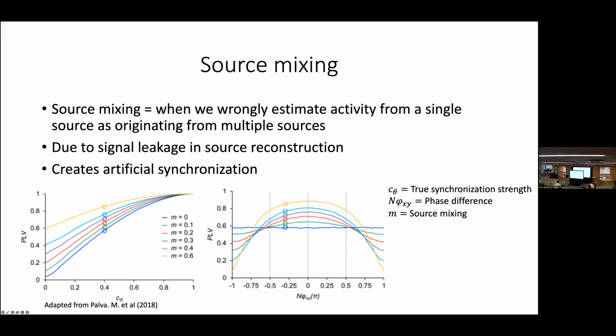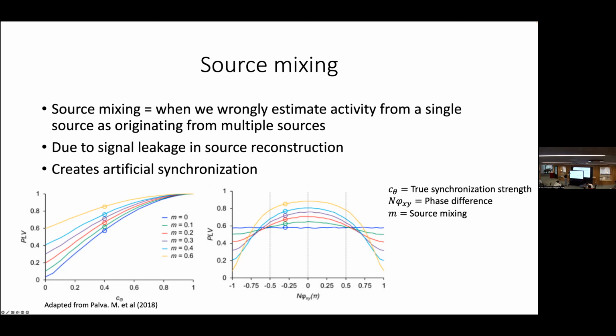You get an interference between the actual signal and the true signal, which means that if you have source mixing, you're going to bias your results towards low phase lags and cancel out activity from larger phase lags. So that's what's shown here.